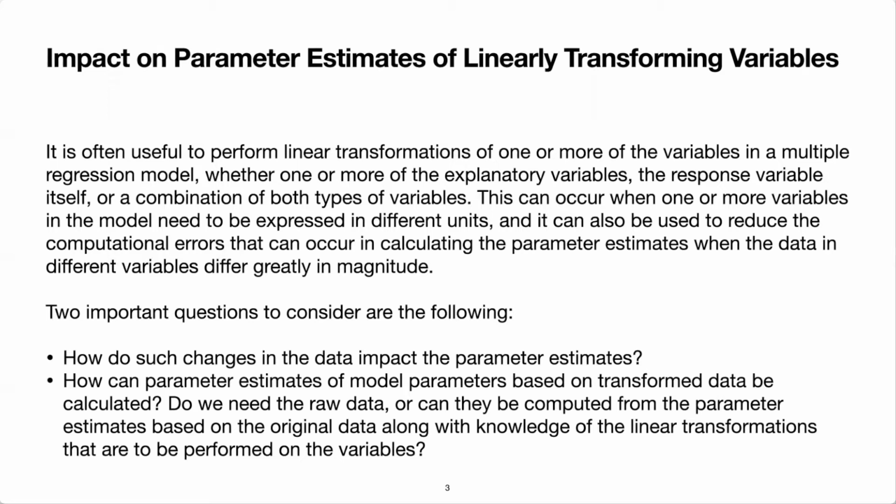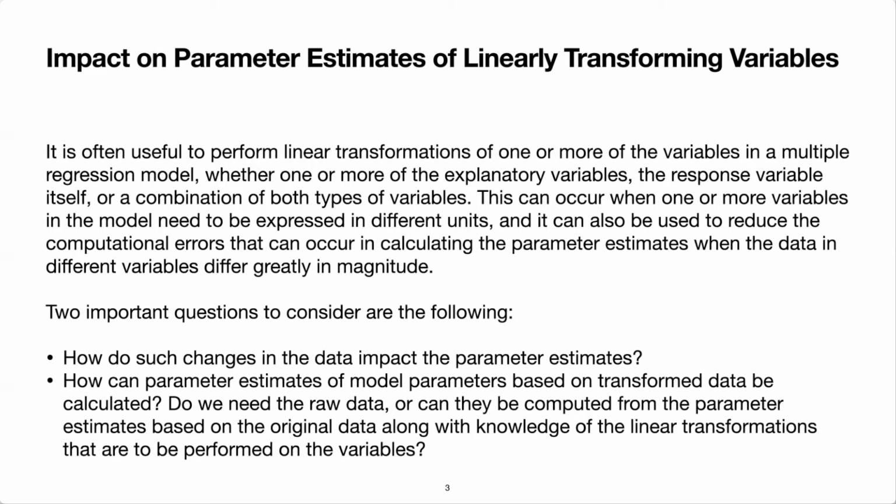This can occur when one or more variables in the model need to be expressed in different units, and it can also be used to reduce the computational errors that can occur in calculating the parameter estimates when the data in different variables differ greatly in magnitude.